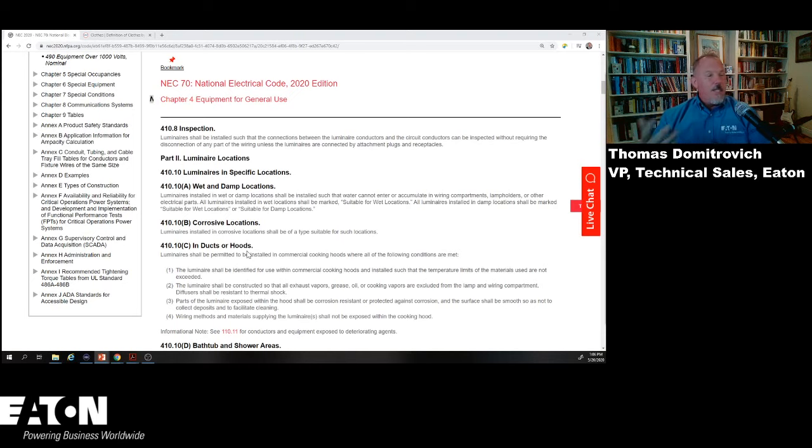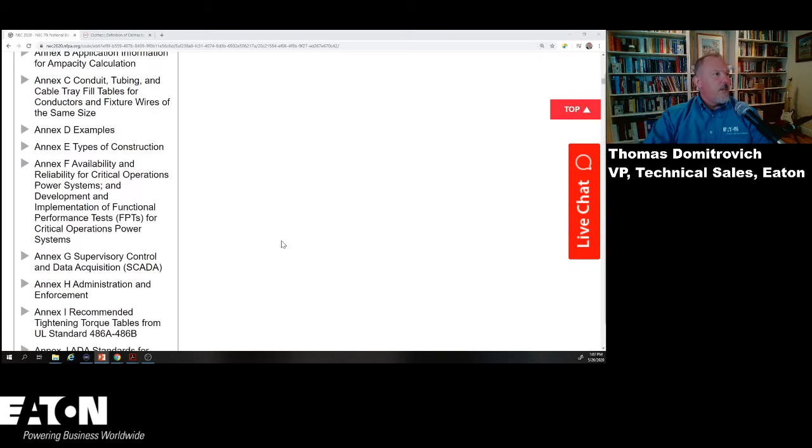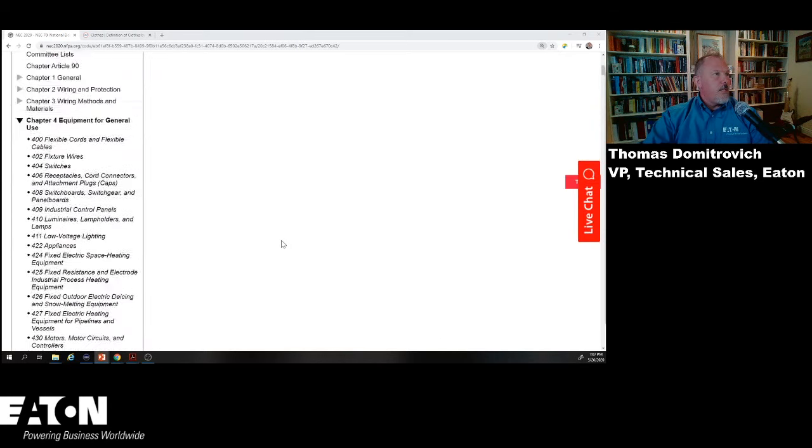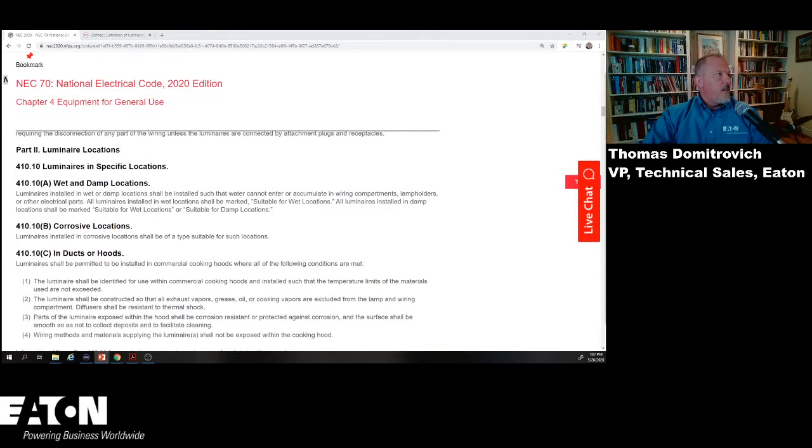410.10(A) talks about wet and damp locations. Luminaires installed in wet or damp locations shall be installed such that water cannot enter or accumulate in wiring compartments, lamp holders, or other electrical parts. Let's make this a little bit bigger. So all luminaires installed in a wet location shall be marked suitable for wet locations.